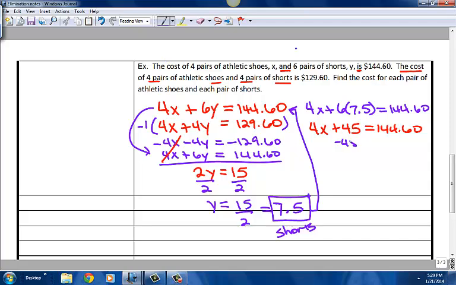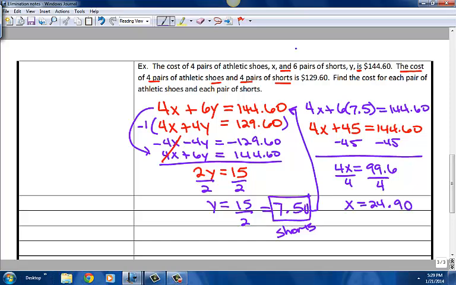Bring this 45 to the other side. Last, I can divide off that 4, and I'm left with $24.90.